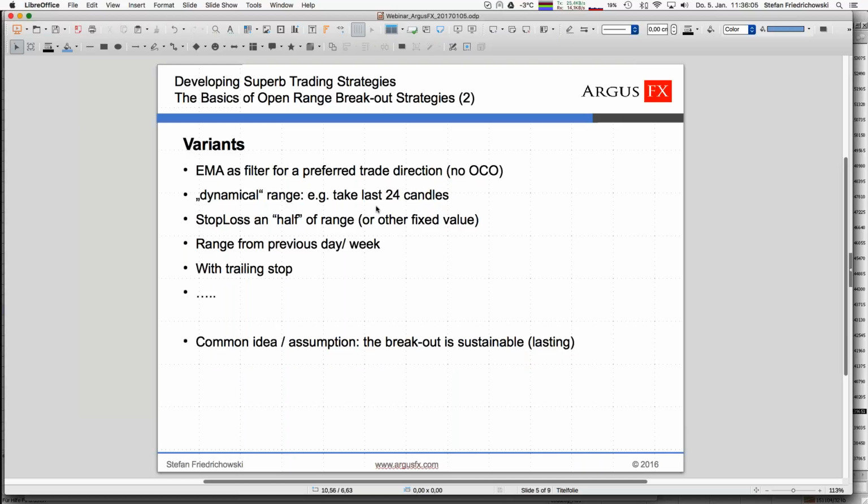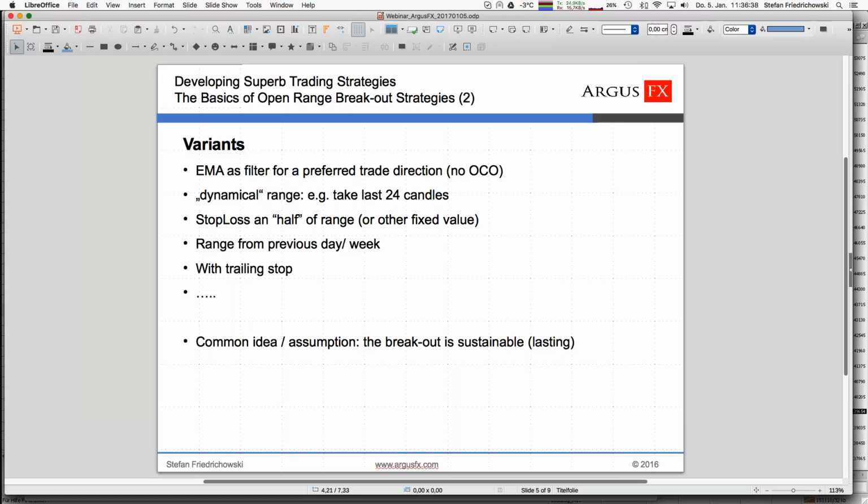If a trade is opened, I don't look for any new ranges. I wait until that trade comes to an end. If the order is not filled, after the next candle I can look backwards: new range, new orders, and that would be a dynamical range breakout. So that is in principle one other category of open range breakout trades.